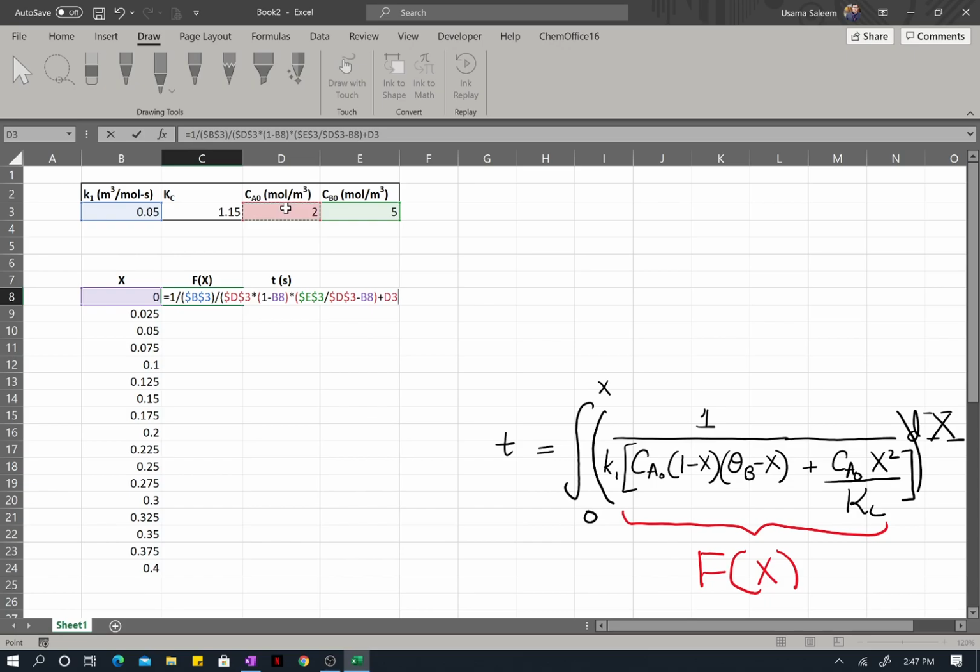Plus CA naught, absolute reference, times x squared, and divide that by the equilibrium constant, Kc, which is also going to be an absolute reference.